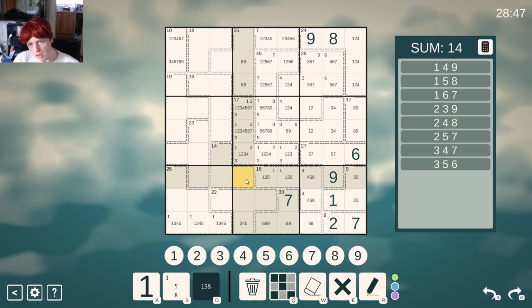One, 3 and 5 have gone from this row. So we can't have 2 of 1, 3 and 5 in this L shape. Only rules out one number.